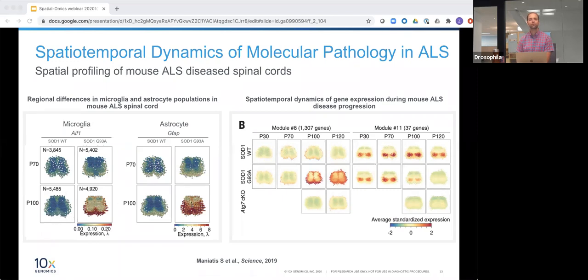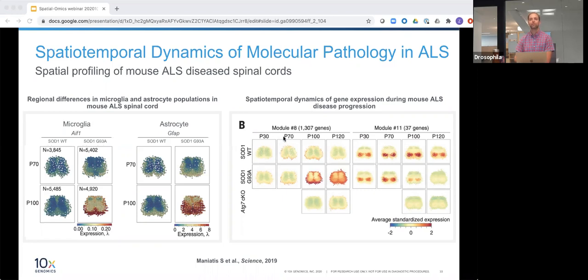And same thing with astrocytes. So you're seeing a spatially resolved change of the architecture of the spinal column here in these ALS mice. They were able to find 31 what they call co-expression modules, which we could think about as kind of t-SNE clusters in a way.